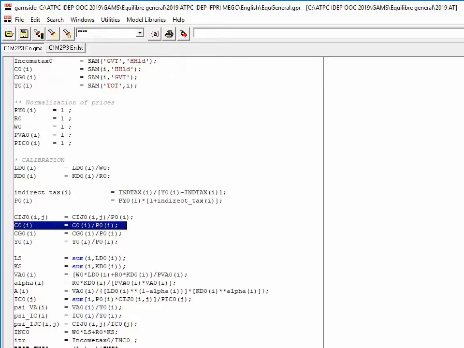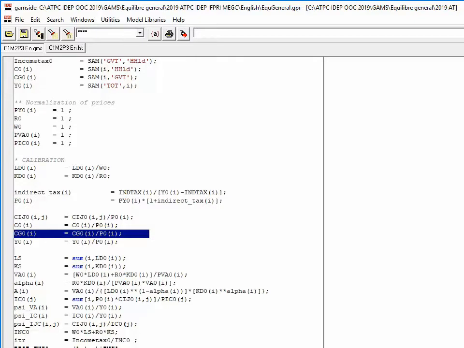here by consumer prices. And to keep my balance between supply and demand, I have to do it also for production, because I have to do it also for intermediate consumption and public consumption.